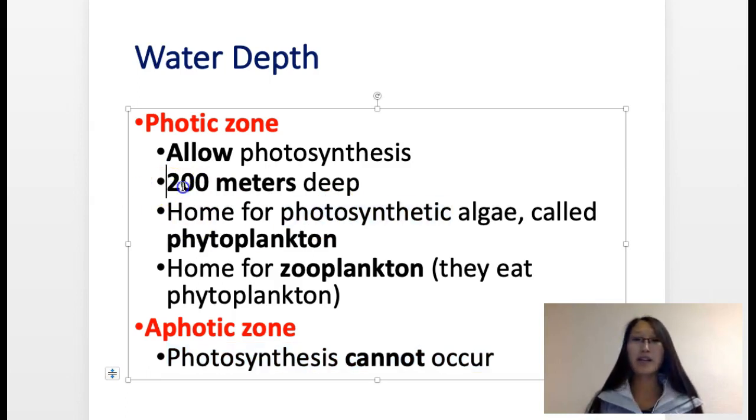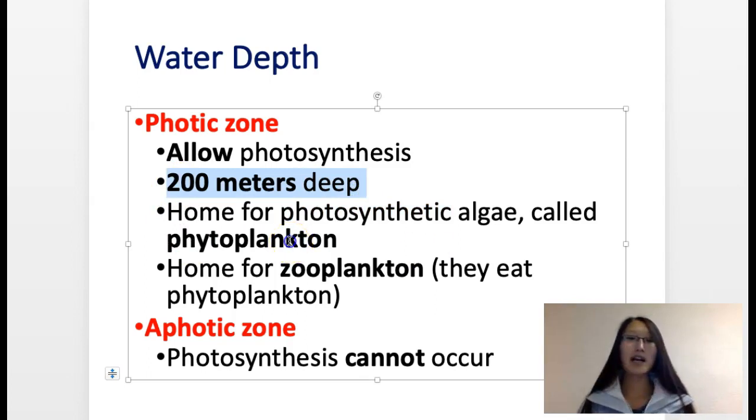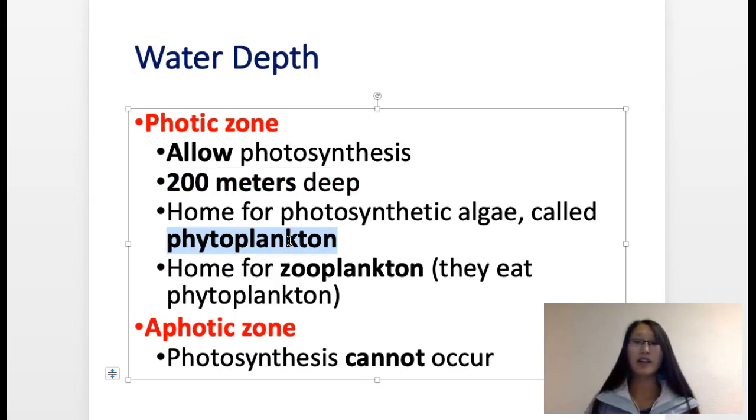It's about 200 meters deep, and this allows phytoplankton to live. Remember, phytoplankton are photosynthetic organisms living in water. Zooplankton are kind of like little animals that eat phytoplankton, so they can only live in the photic zone as well, because those two have a relationship.